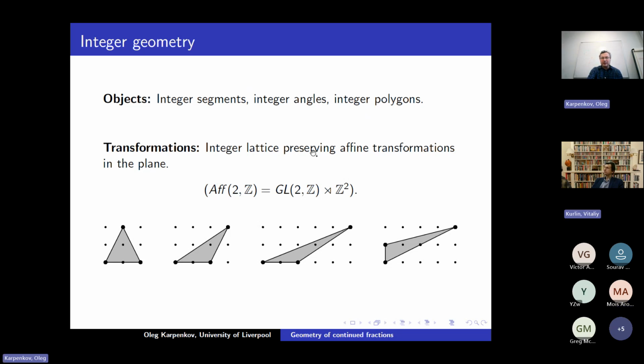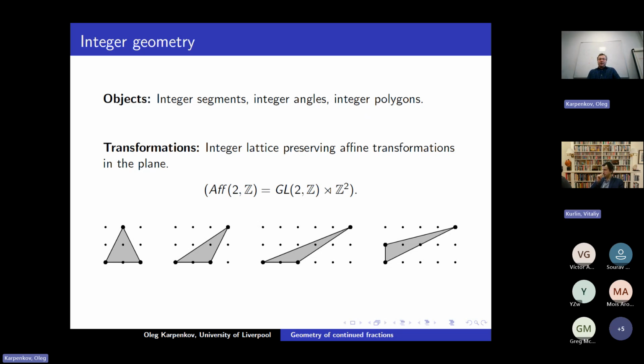Integer lattice preserving affine transformations can be understood as just shifts: you take an integer vector and make a parallel transportation, or multiplication by a matrix with integer entries and determinant 1. GL means determinant plus minus 1 is also allowed, so just invertible matrices with integer coefficients.